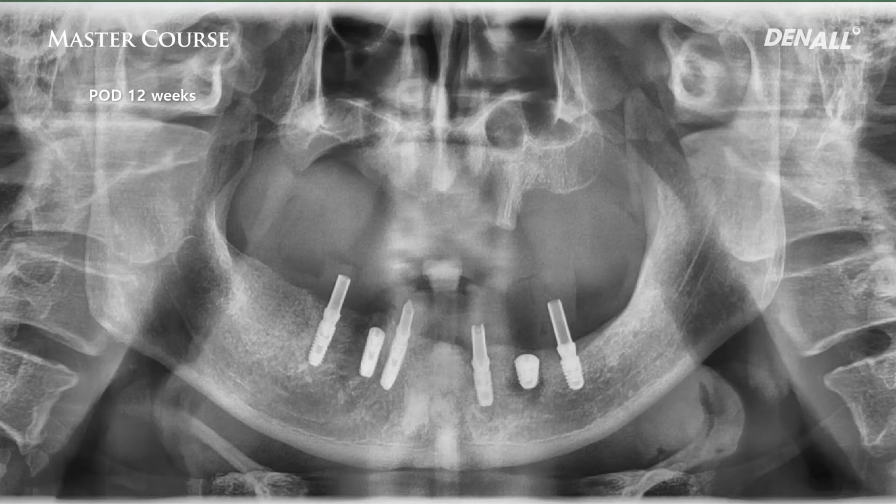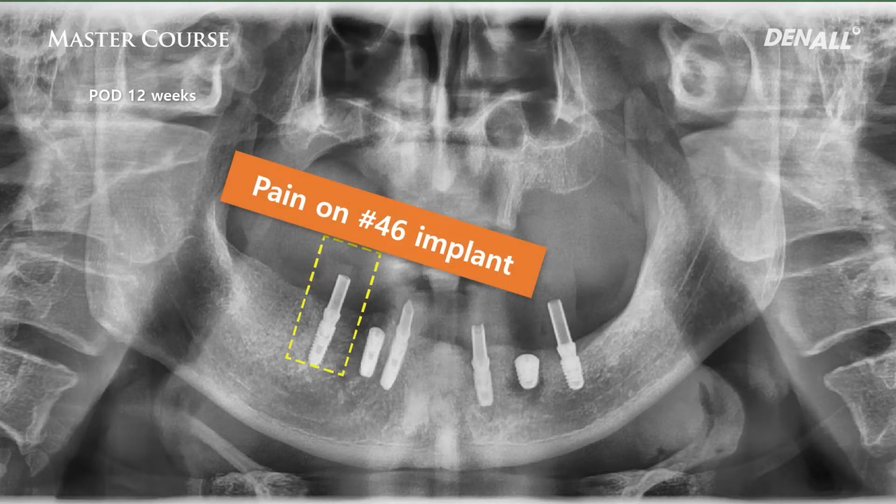And in order to figure out why, I removed the prosthesis, and you can see here, number 46, there was mobility. Failure in osseointegration occurred. This is different from what I've shown you.